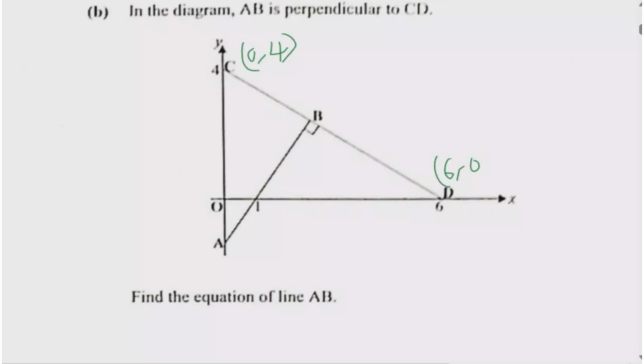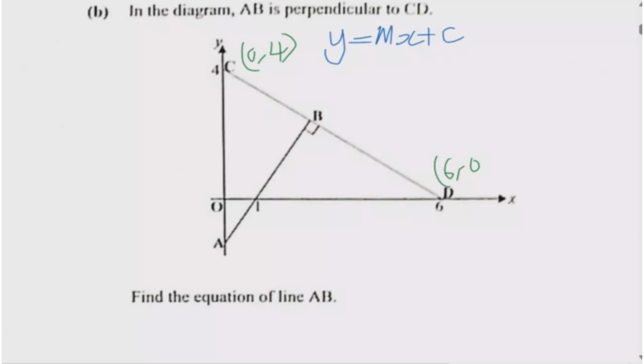First of all, I need to share with you that when finding an equation we usually use the form y is equal to mx plus c, where c is the constant. So you need to understand that.